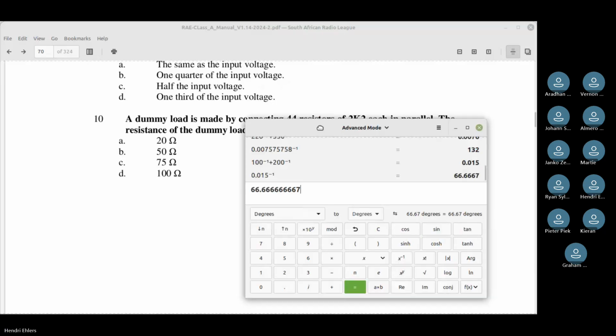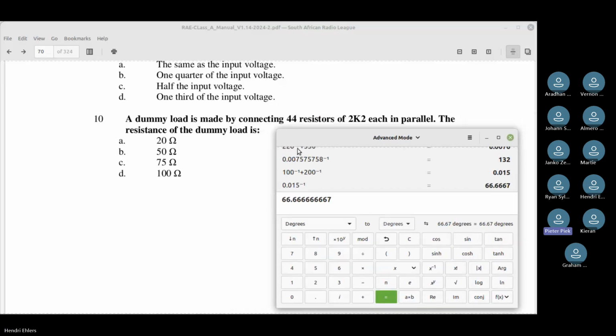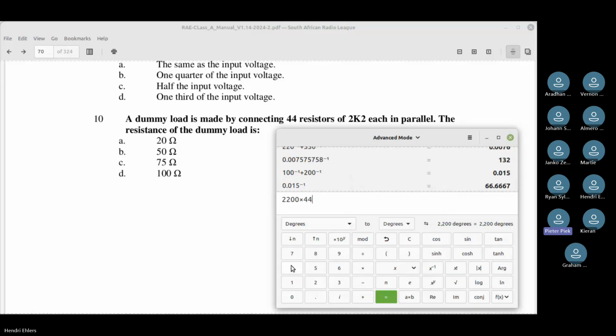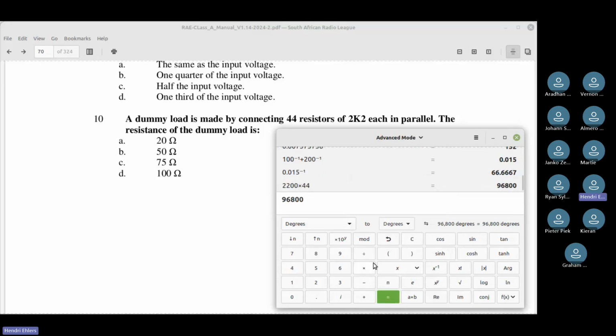You take the 2K2s, because they are in parallel, you add them, times 44. No, not that. That divided by 44. I just worked it out.